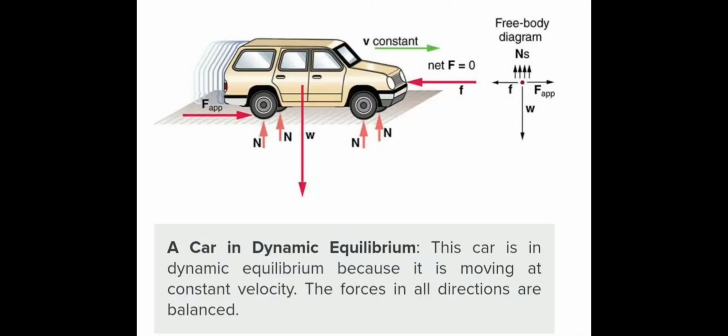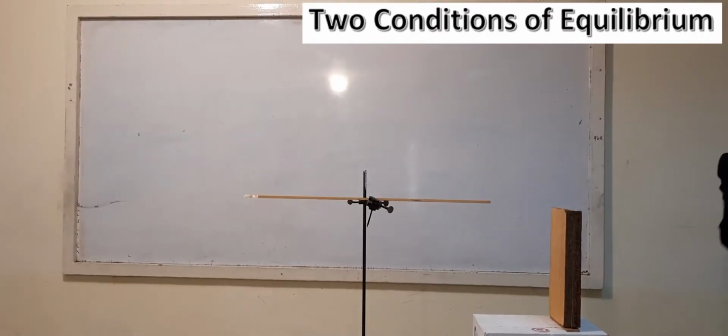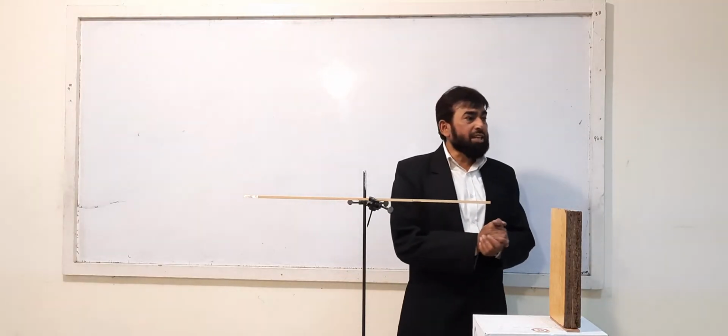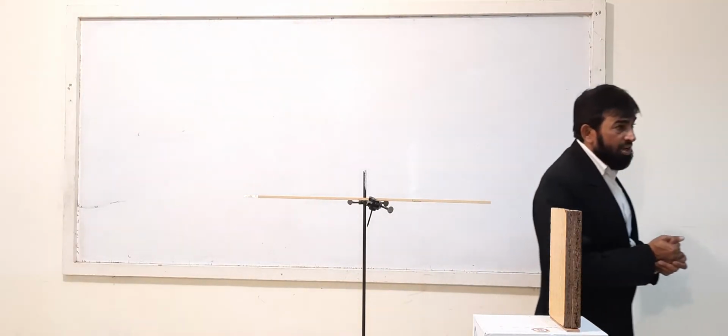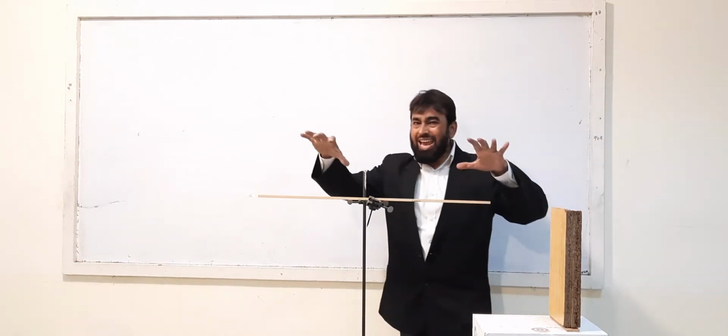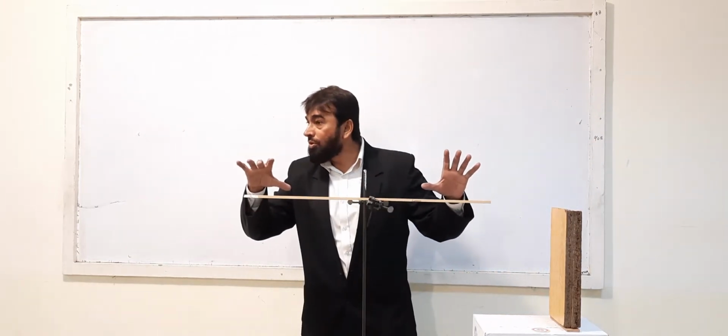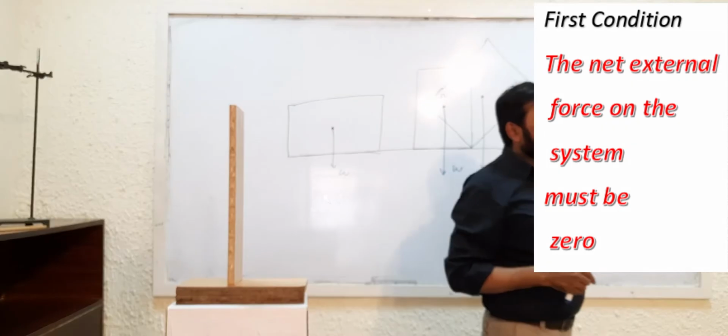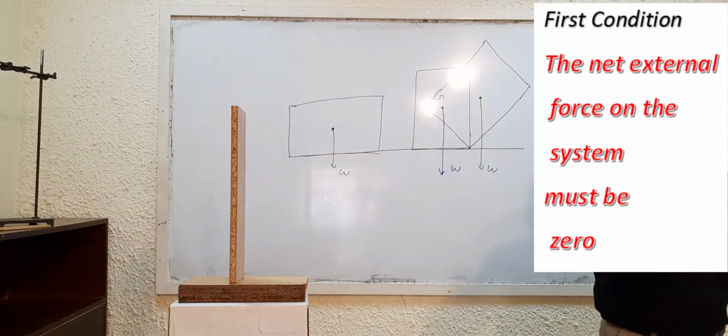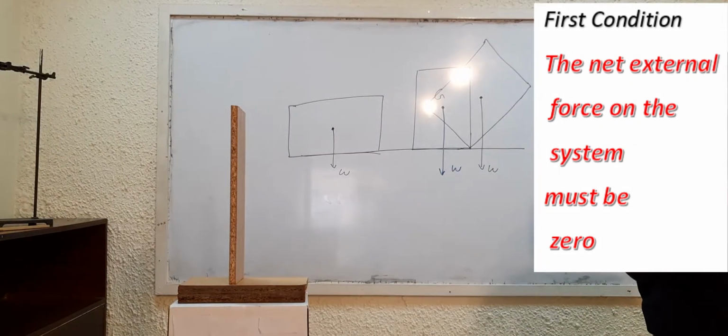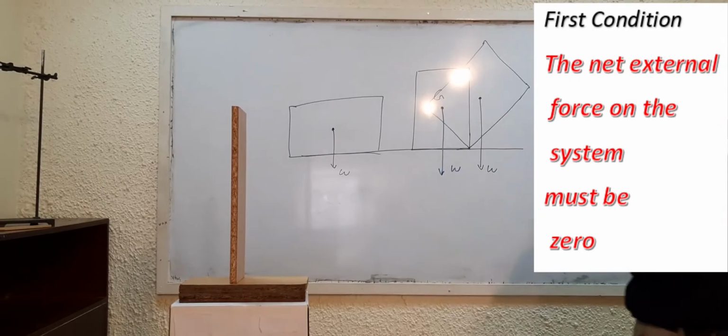This car is in dynamic equilibrium because it is moving at constant velocity. The forces in all directions are balanced. And there are two conditions of equilibrium. The first condition of equilibrium: the sum of all the external forces acting on the body is equal to 0. It means whatever forces are applied on the body must be cancelling each other.